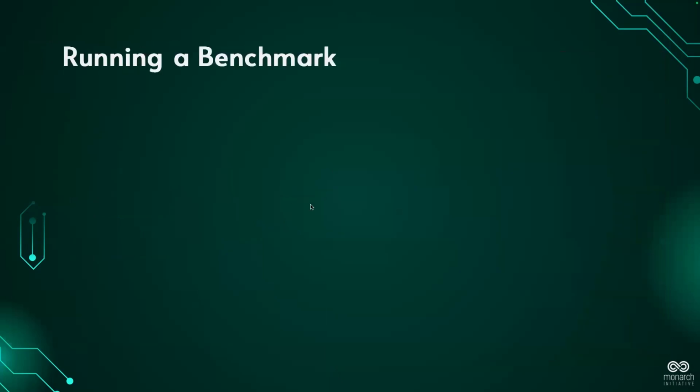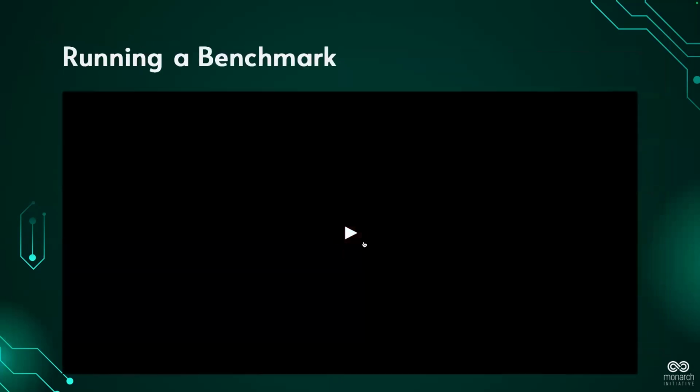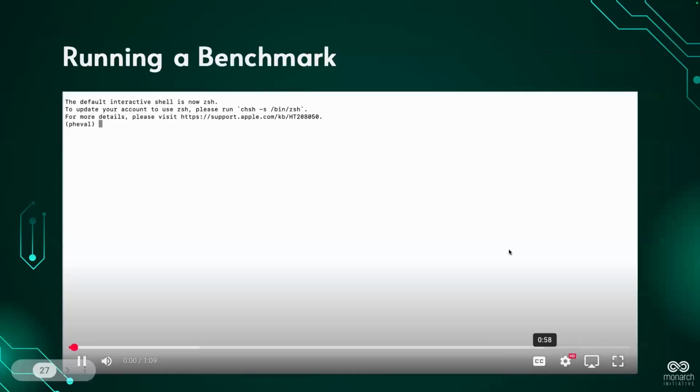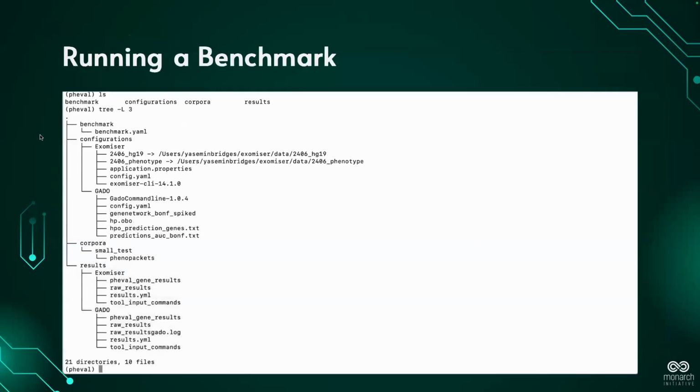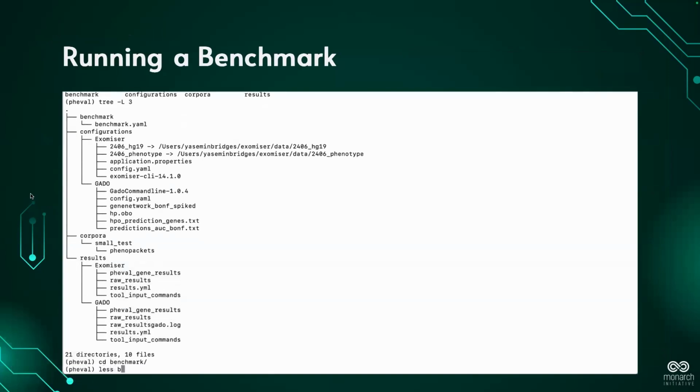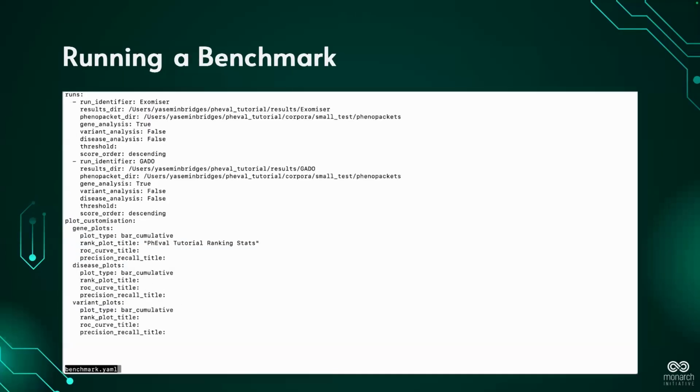So we're running a benchmark. This should hopefully load. So this is just in the main PhEval base environment. You can see we're in the same directories we have. I've just added this benchmark directory where I have the YAML file and we have all the results. So if we look at the benchmark.yaml, this is the same one I've shown you in the previous slide.